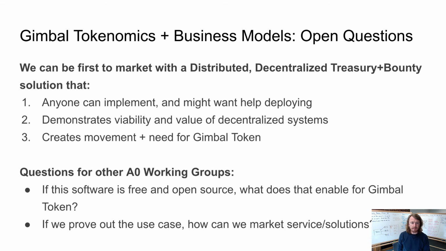What's interesting about this from a business model perspective is, with a token, we have a different way to think about value creation and capture. Yes, we're giving away code for free, and yes, we're encouraging others to use it to build out their own treasury and bounty system.